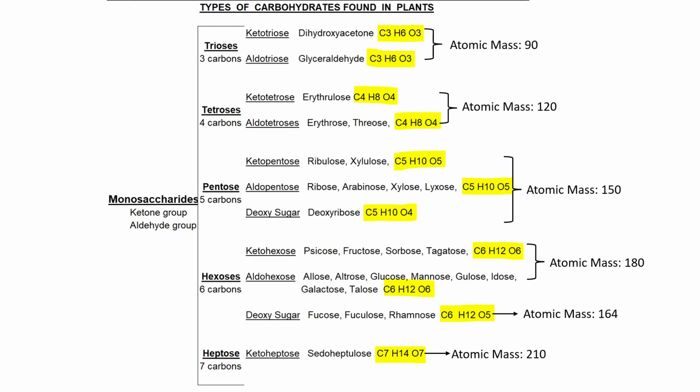When you look at the molecular structure of every one of these sugars, you're simply adding carbons, hydrogens, and oxygens. And so in our 3 carbon chain group, we have an atomic mass of 90. In the 4 carbon chain group, the atomic mass increases to 120. We're simply increasing the amount of carbons, hydrogens, and oxygens.